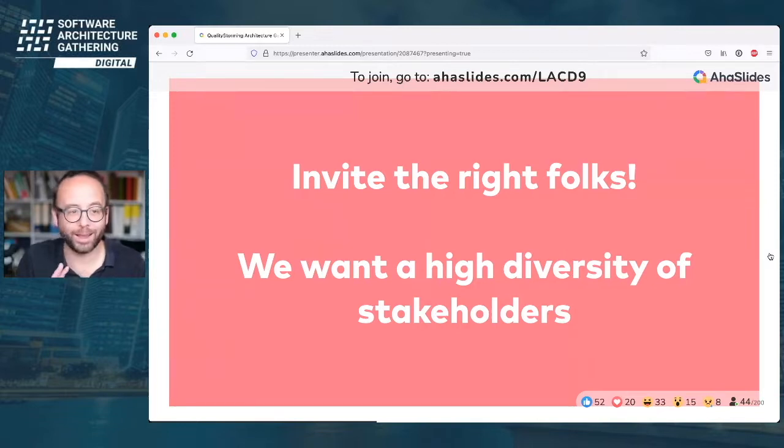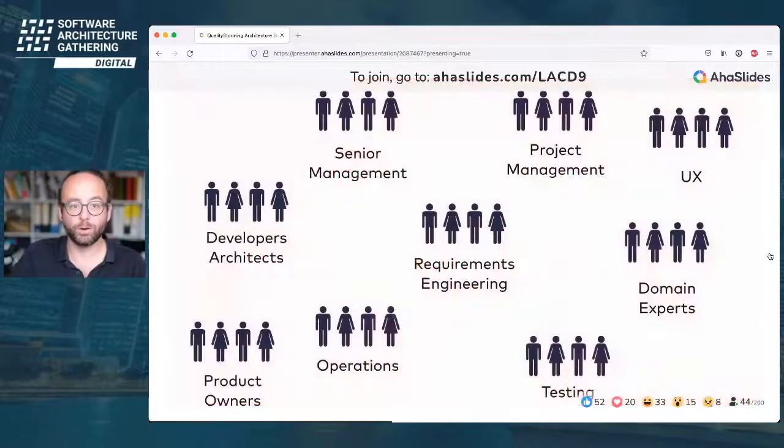Those folks have a high degree of experience in terms of quality requirements. They work with SLAs day in, day out, testers and so on. So you want a high variety of perspectives of stakeholders who are driving your software architecture. Bring in those various perspectives and unite them in such a workshop.